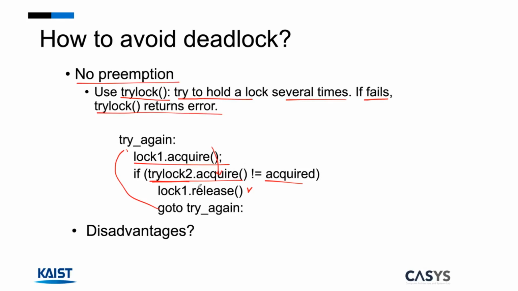So after that, you voluntarily preempt the resource, so that it actually breaks the deadlock condition of no preemption.